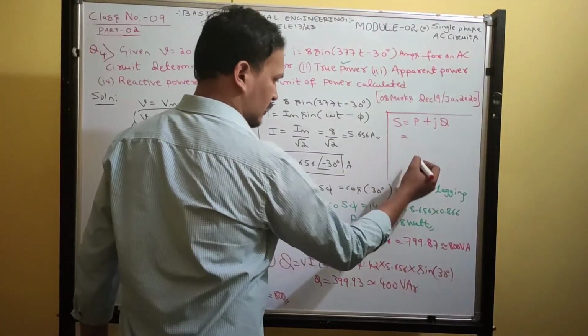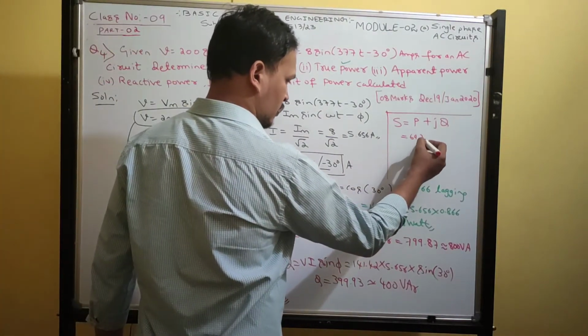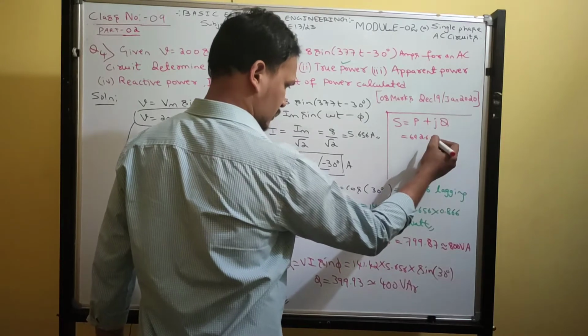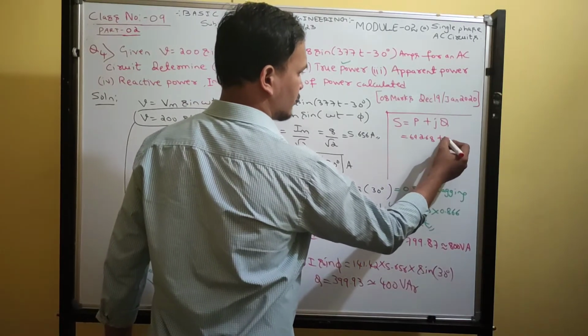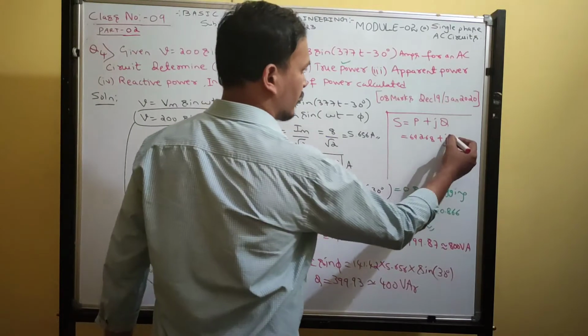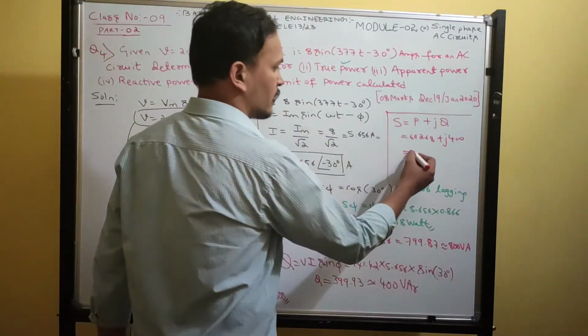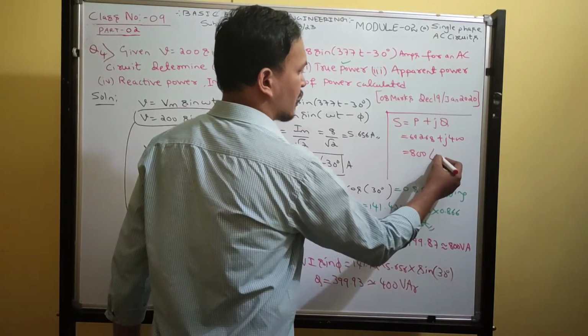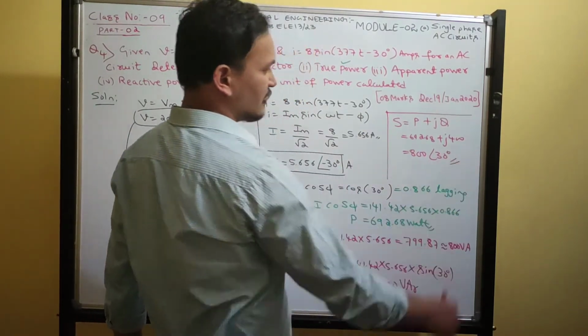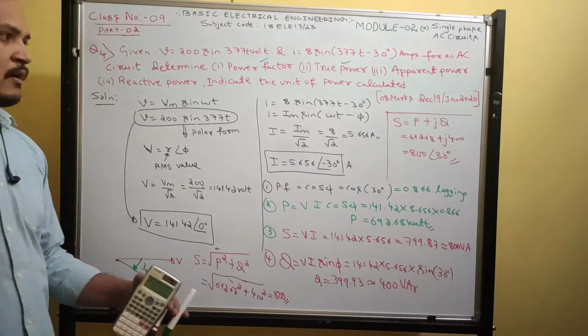What is the P value? 692.658 plus j times the Q value, 400. Convert this into polar form and you will get 800 at an angle of 30 degrees.